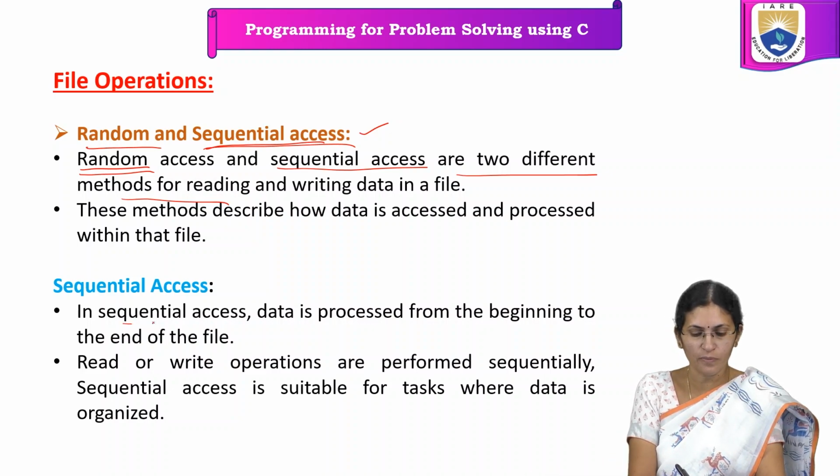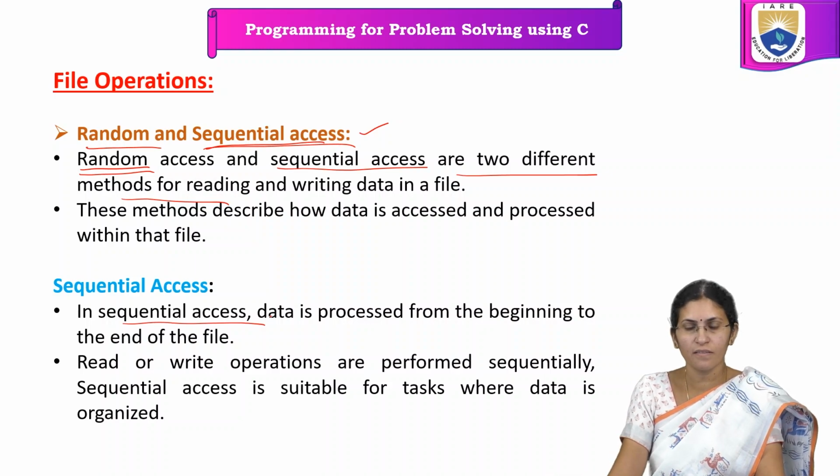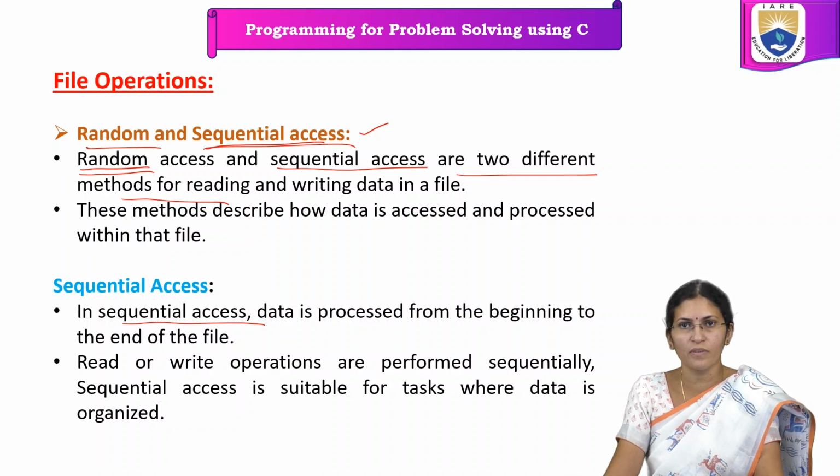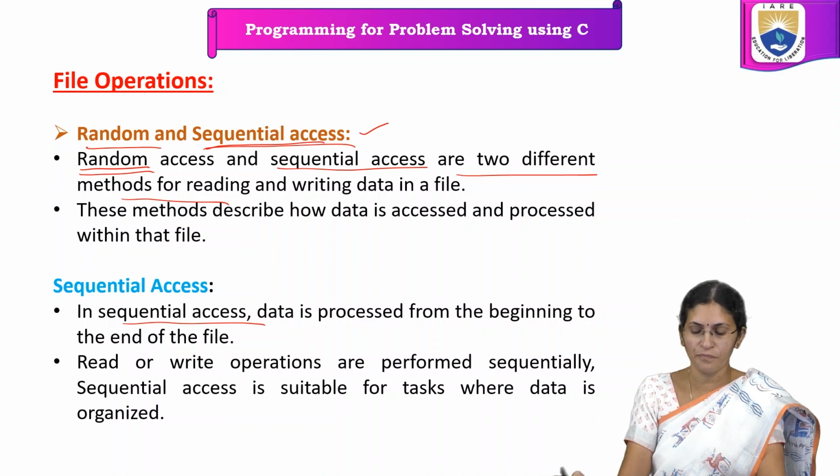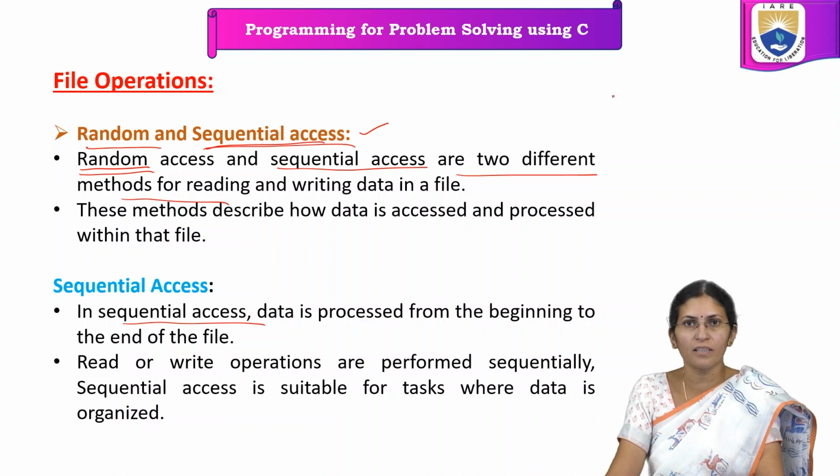Coming to the first one, sequential access. Here the data is processed from the beginning to the end of the file. We know that a file consists of a number of records. We can access the records in two ways. The first is the sequential manner and the other is the random manner. In the sequential manner, if we want to access, for example, the fifth record, then in order to do that, we have to start from the beginning of the file.